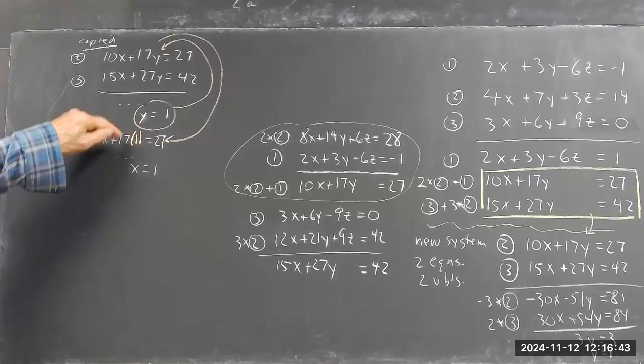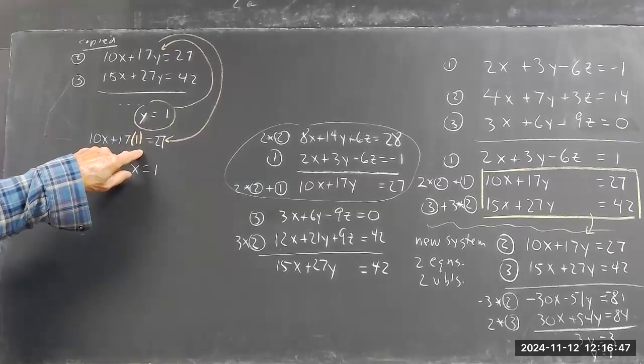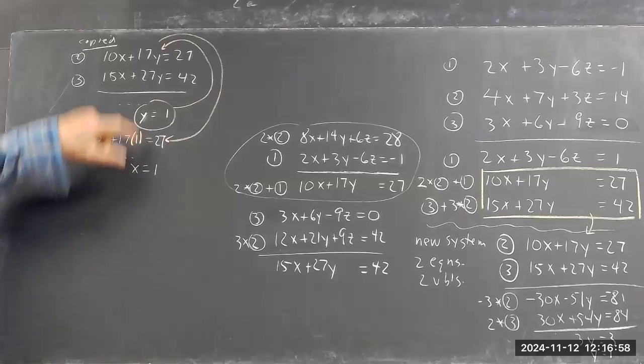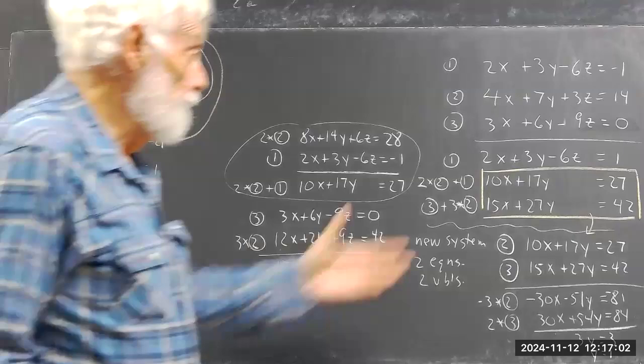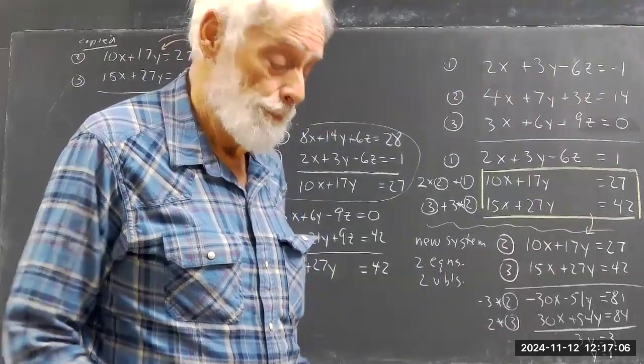If you don't understand how I got from here to here, just do it yourself. Write this equation down, don't look at anything else and solve it, because you're going to do that easily. Everybody is very good with this type of linear equation. Okay, well now I've got x equals 1 and y equals 1. I've got the solutions for two of my variables.